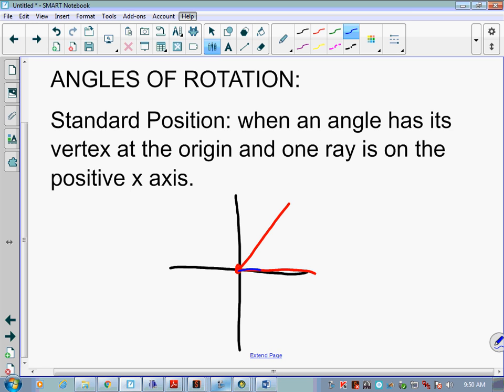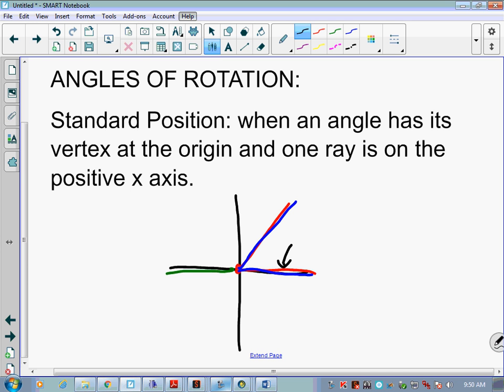That's this line right here, the positive x-axis, not over here. Standard position is where that angle is, that blue line, and I can move this secondary red line all the way around, anywhere, but the standard position has to leave this blue ray right here on the x-axis. That's my standard position.